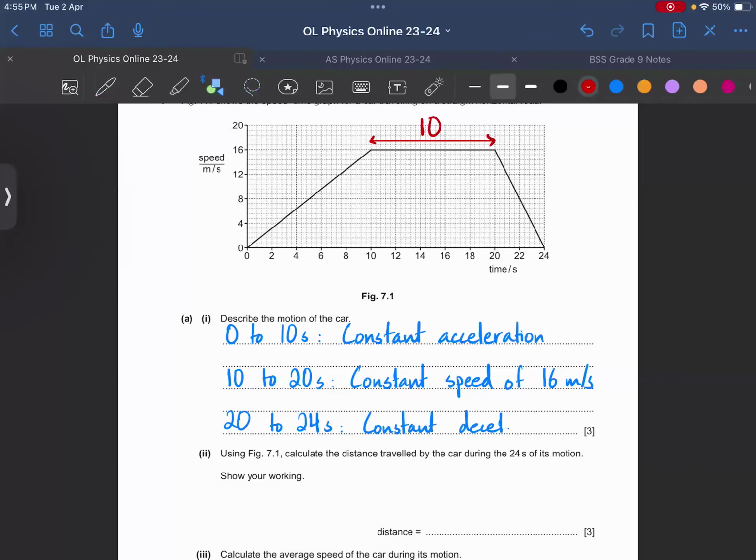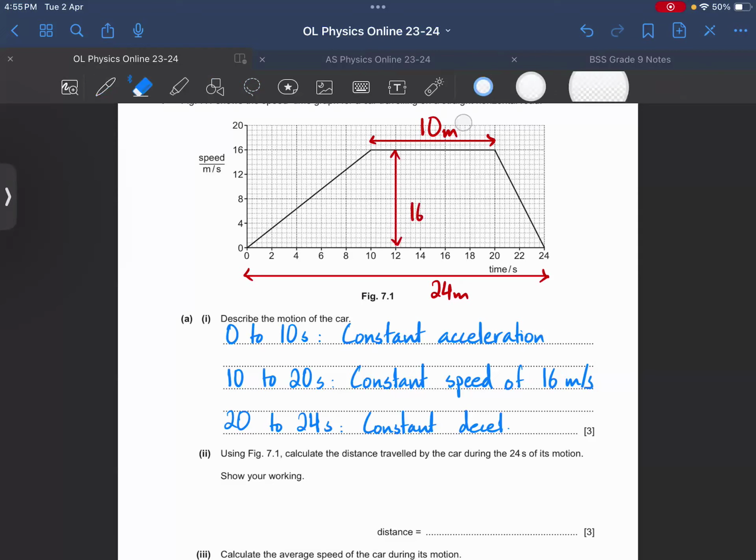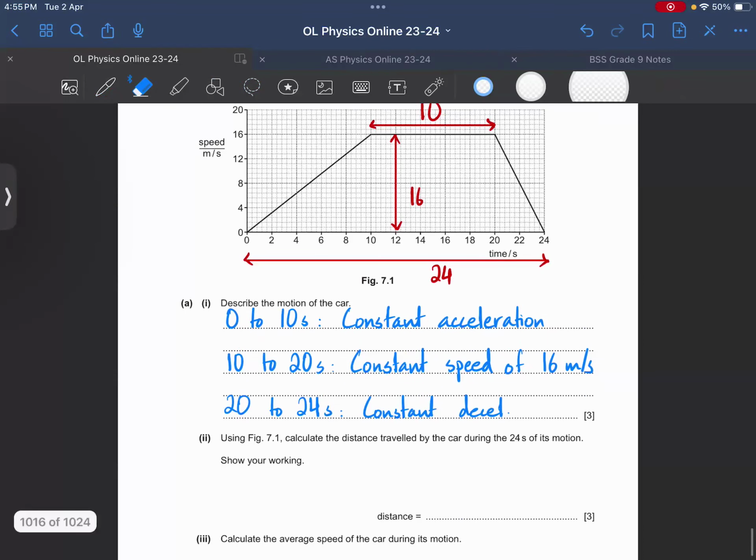ये वाला dimension is पूरा 24. So 10 meters, 24 meters. Or this dimension, which is called the height of the trapezium, ये जा रहा है up to 16. So this is 16. ठीक है. Let's even remove this. Just talk about these numbers.